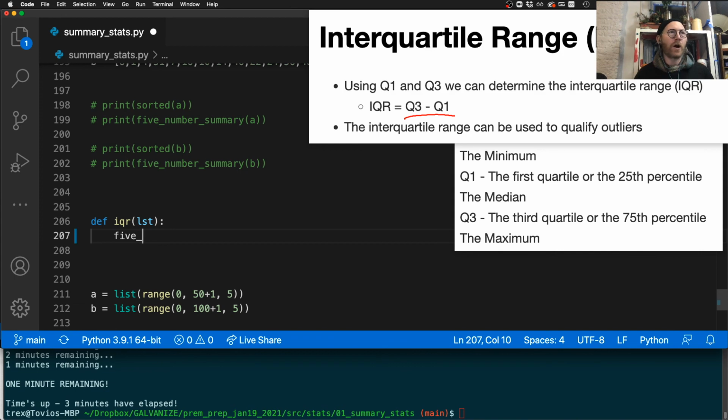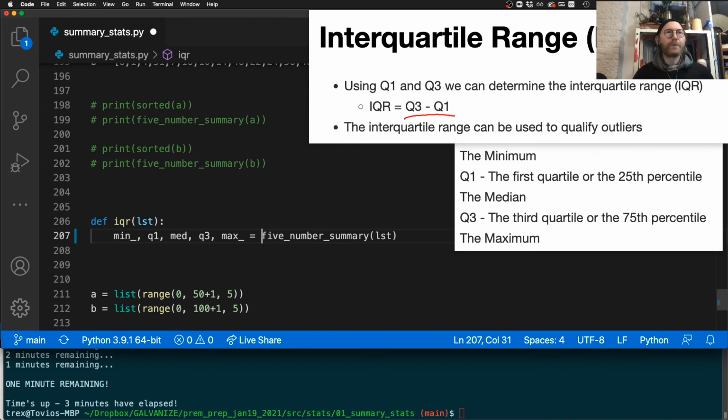So I can call 5-number summary on that list. And we don't need the min, right? We do need Q1. We don't need the median. We do need Q3. And we don't need the max.